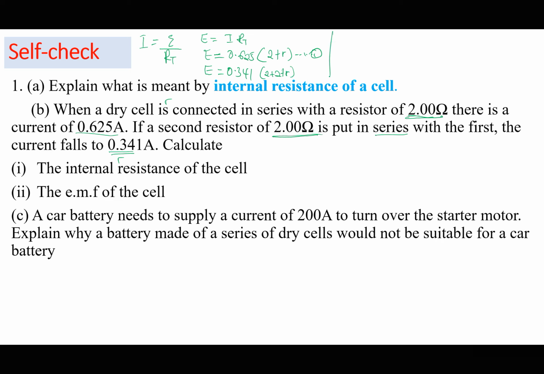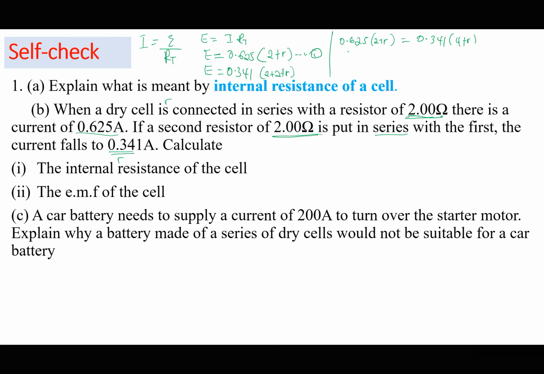So I'm just going to equate the two equations, where I will say that 0.625 into 2 plus r should be equal to 0.341 into 4 plus r. So I have just equated the two equations.